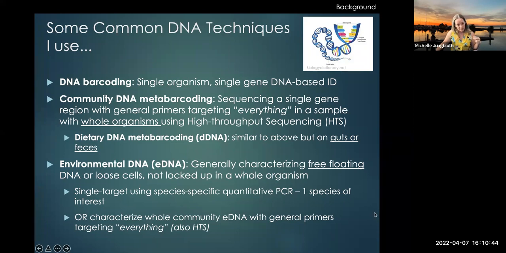You're doing a single target species using species-specific quantitative PCR, looking at detection or sometimes quantification of one species of interest, or characterizing a whole community's environmental DNA, the free DNA, using general primers that target everything using high throughput sequencing. Hopefully that makes sense. I'll refer to these terms throughout my talk, so that'll help it be a little more clear.